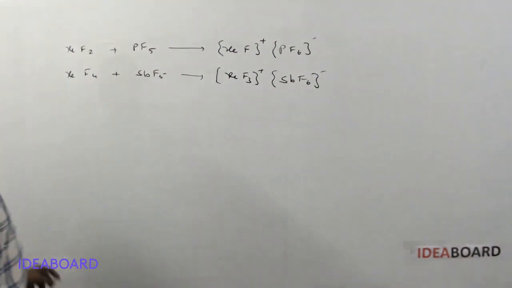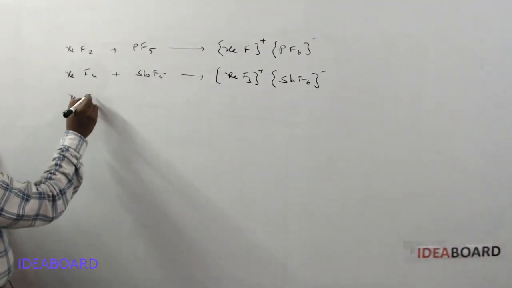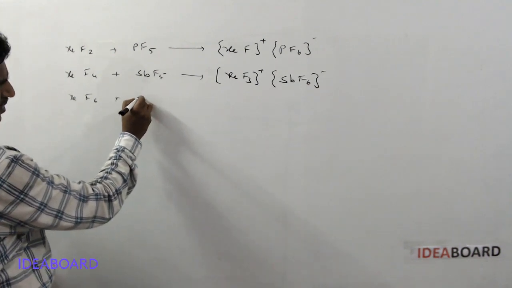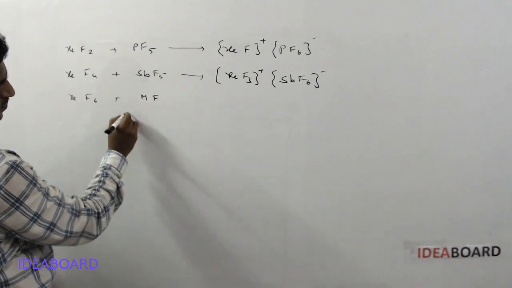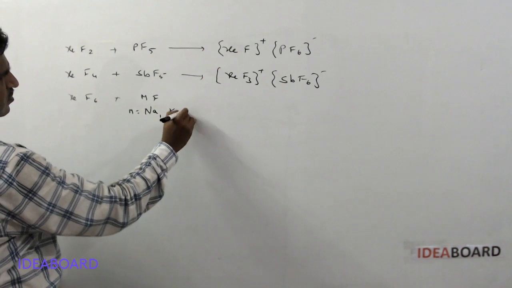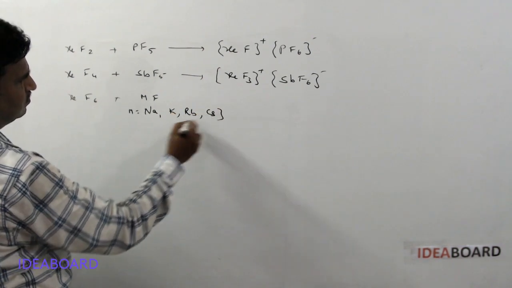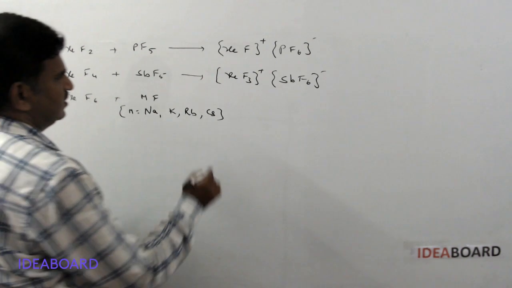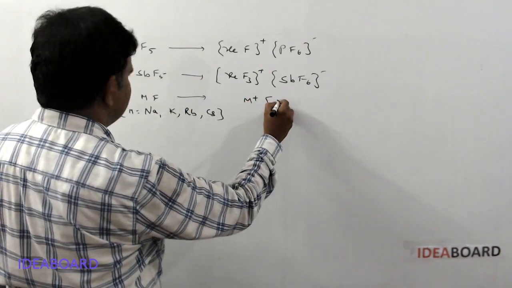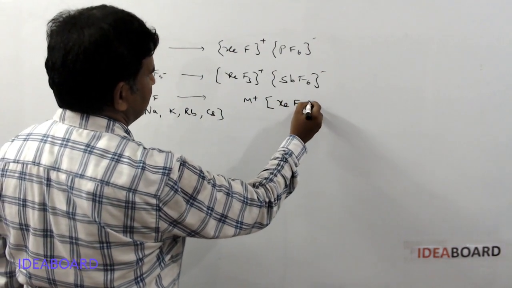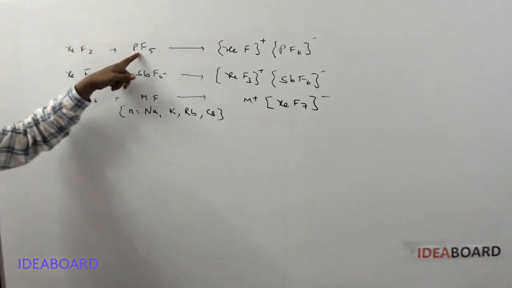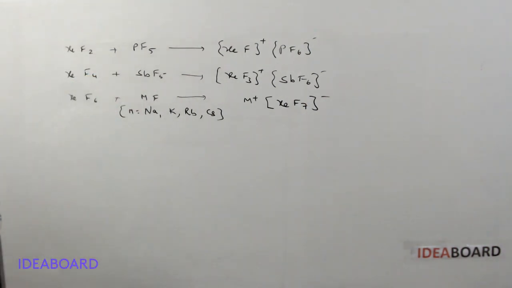And if XeF6 is taken, then it reacts with any metal fluoride. Here M means it may be sodium, potassium, rubidium or cesium. Suppose NaF is taken, then we get M+ and XeF7-.